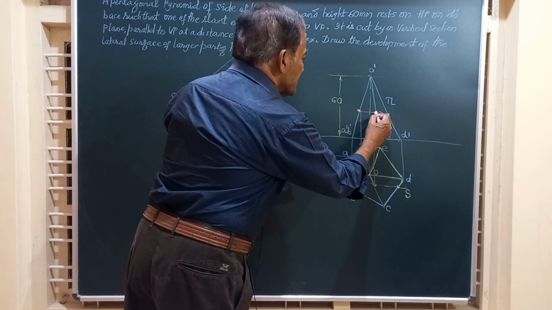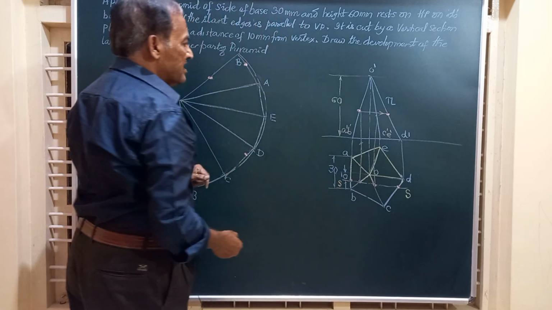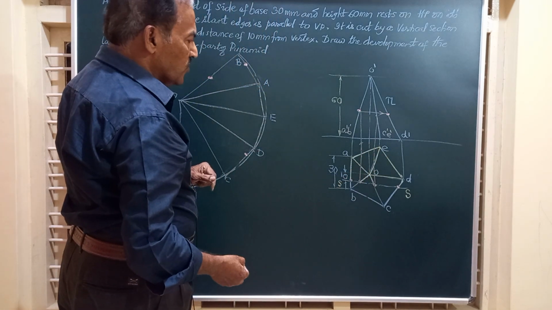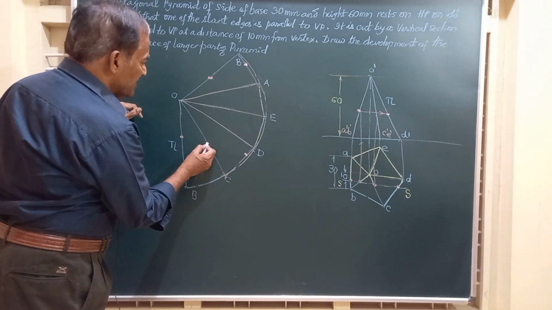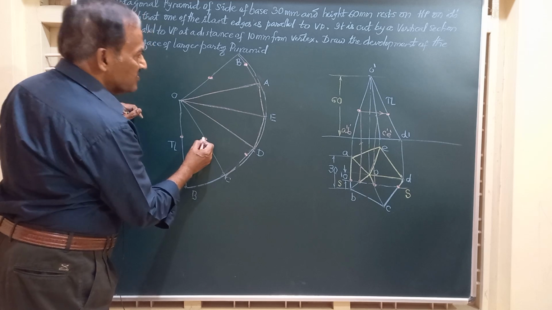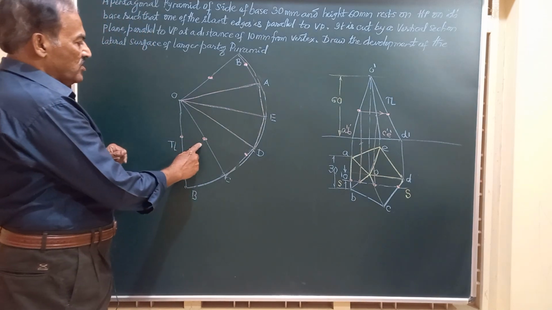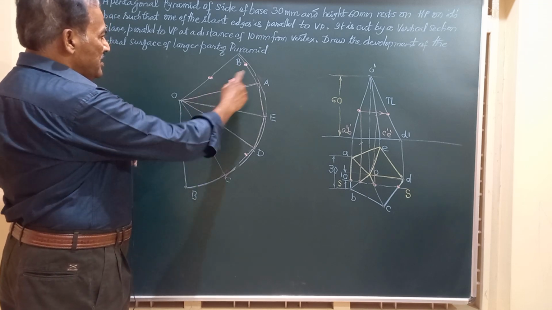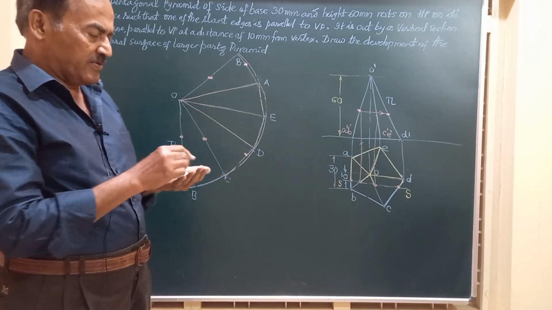Shift that point where it is cutting the edge to the last generator and mark it on OC only, just on OC. So almost at the same height. Friends, you have got these points marked on OA, OB and then OC. We have got so many points, friends.